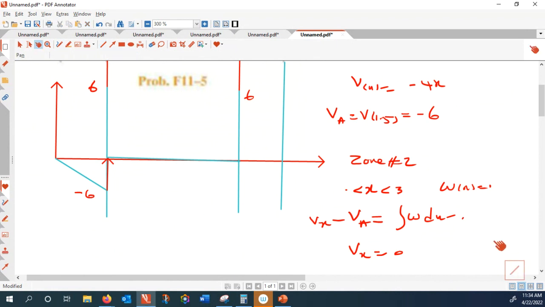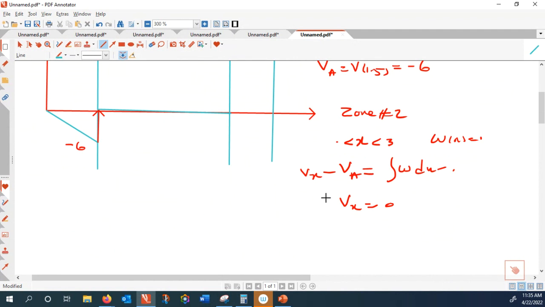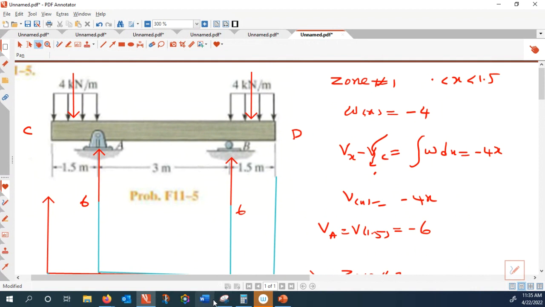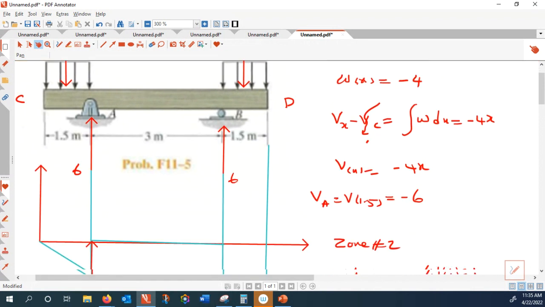And let's move to the last zone. This is zone number 3. What is W over there? Minus 4, yes.